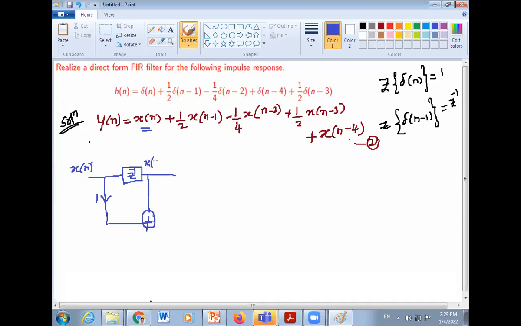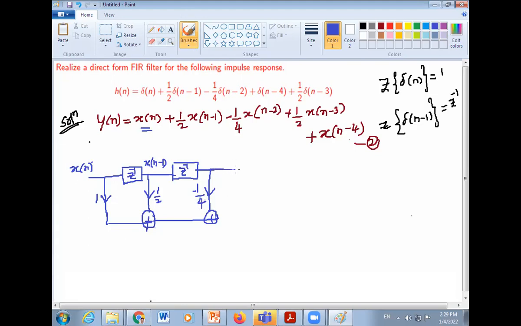This is X of n minus 1 output. So what will be its multiplier? Yes, 1 by 2. And further, again z inverse here. So after this, what will be its multiplier? Minus 1 by 4.